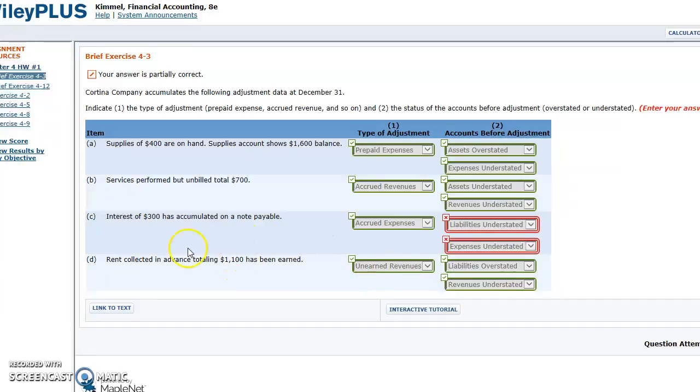As you can see, it is something they collect in advance, and the account before adjustment is liabilities overstated and revenue understated.